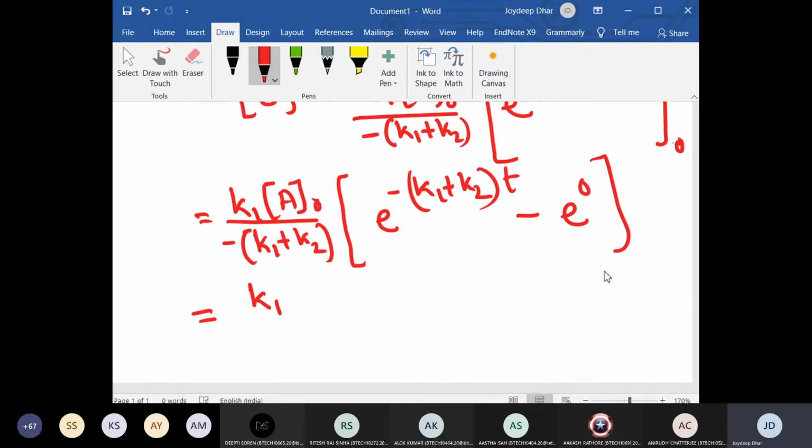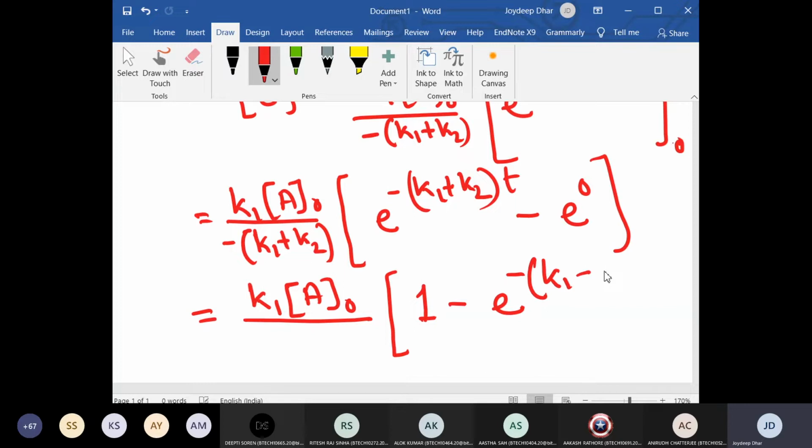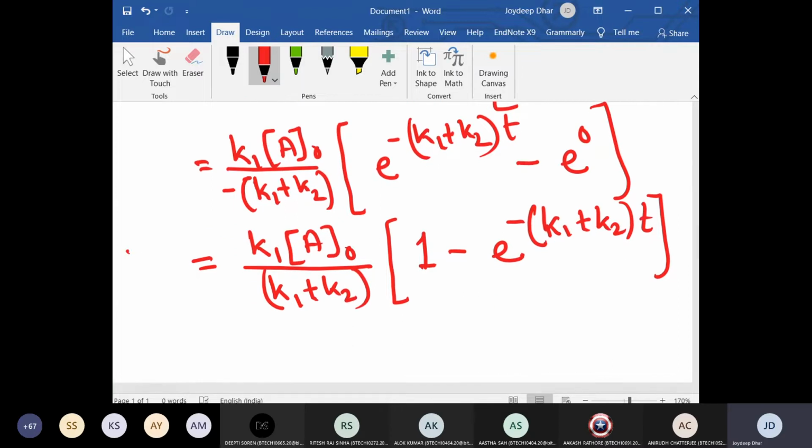So what I am doing, I am just rearranging so that I have 1 that I have put in the initial, and then I put the e to the power minus (K1 plus K2) t, then minus (K1 plus K2) will become plus (K1 plus K2). So the concentration of C you will know by this equation.